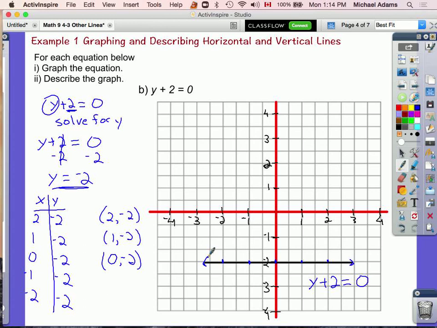Now we can describe the graph. We can describe the graph as a horizontal line that intersects at y equals negative 2, or intersects the y-axis at negative 2.